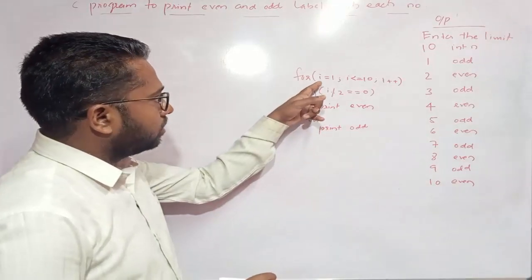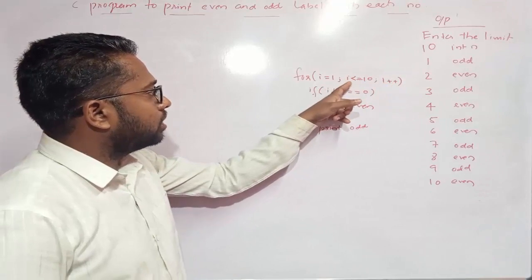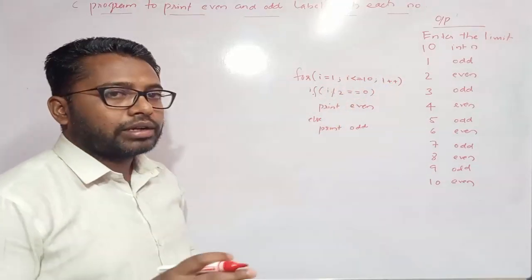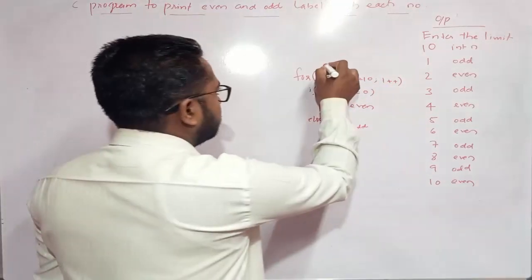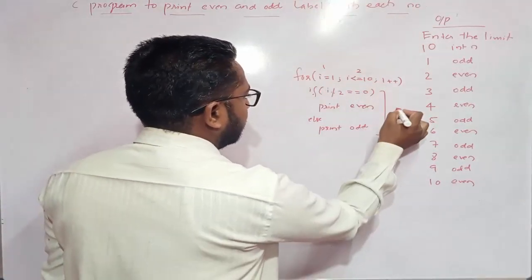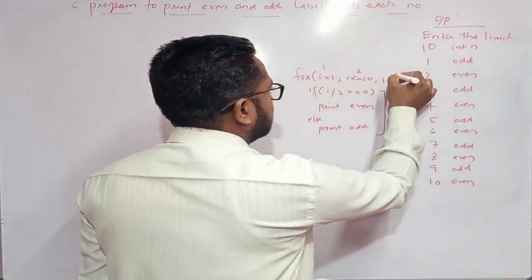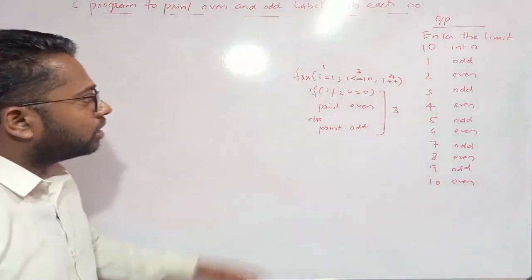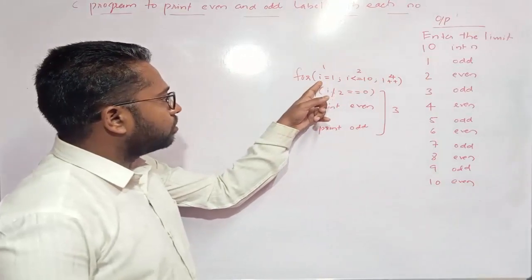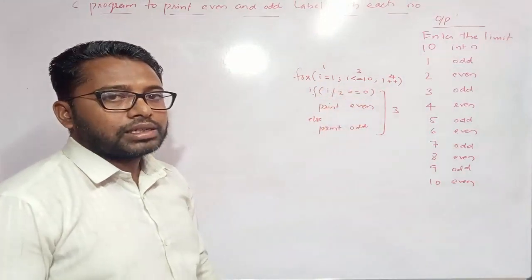I will start with the initial value 1, and check whether 1 is less than or equal to 10. Yes, the condition is satisfied. So this is first, this is second, this body is executed third, then fourth is the increment part. First the value gets initialized to 1, and that 1 gets compared with 10, whether 1 is less than or equal to 10.